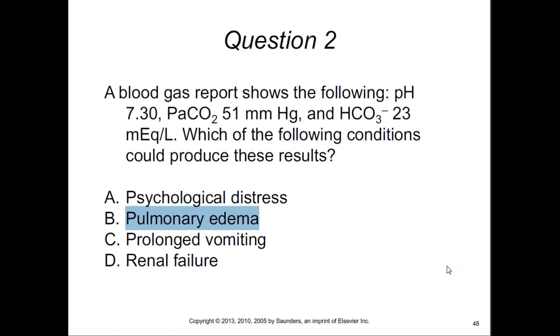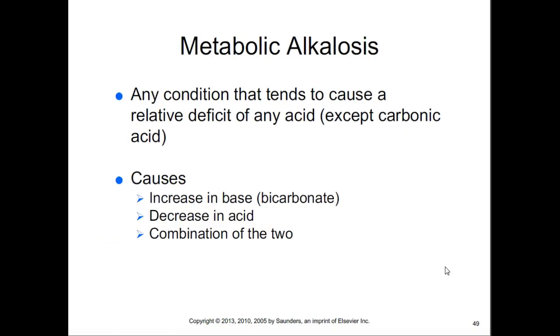A blood gas report shows the following: pH of 7.30, a partial pressure of carbon dioxide of 51 millimeters of mercury, which is elevated, and a bicarbonate of 23 milliequivalents per liter, which is normal. Which of the following conditions could produce these results? Pulmonary edema is the correct answer.